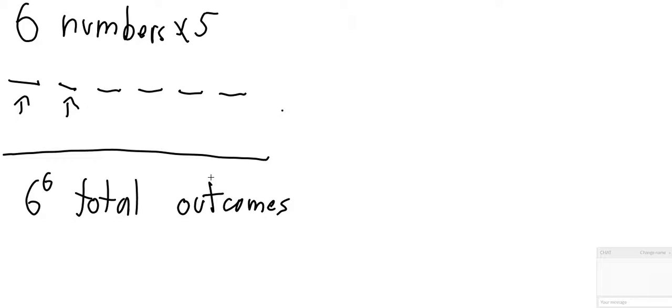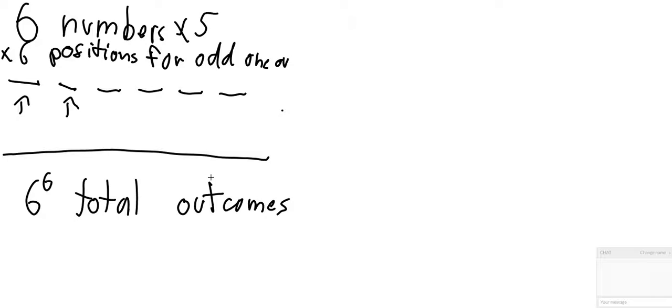Okay, so there is times 6 positions for the odd one out. Okay, all right. That I agree with. So there's 6 different possibilities for the number that I have 5 times, and then 6 positions for the odd one out. Is there anything left?